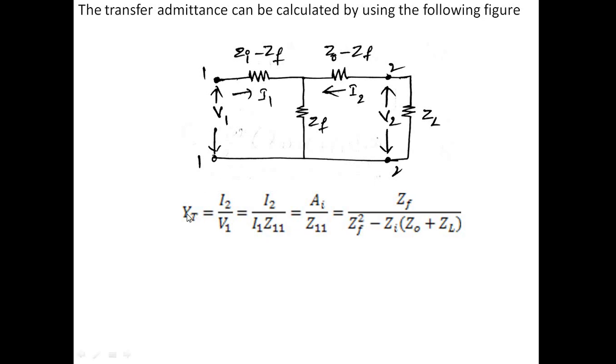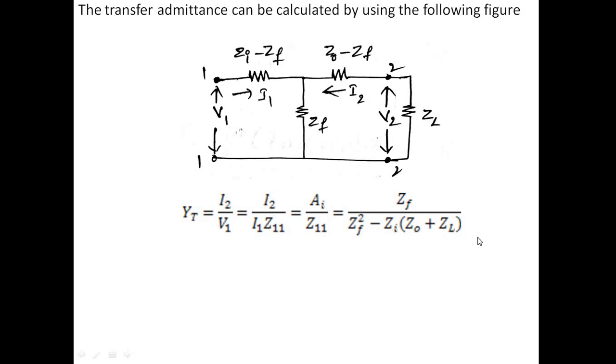The trans admittance, whenever we quote it as a trans quantity, gives a relationship between output and input parameters. It is the output current divided by the input voltage, I2 divided by V1. You write it as I2 divided by V1 equal to I1 into Z11, which is equal to AI by Z11, which is equal to Zf by Zf squared minus Zi into Z0 plus ZL.